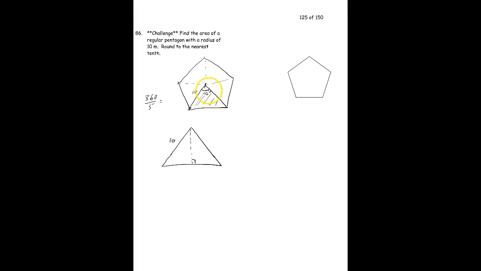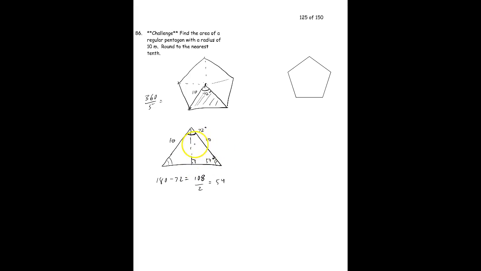If this full angle is 72, I can then find these two angles down here, because I know 180 minus 72 is 108. And those two have to add up to 108, and I know they're equal because this is an isosceles triangle. So 108 divided by 2 is 54. So that'll give me 54 degrees as that angle right there.